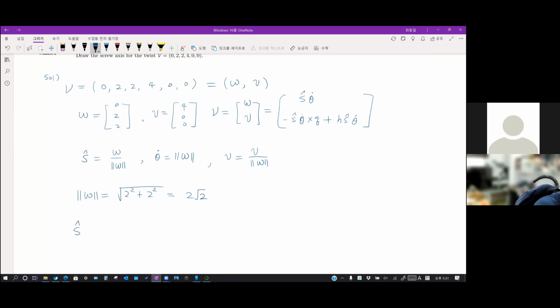So S hat equals 0, 1 over root 2, 1 over root 2. And the normalized V becomes root 2, 0, 0.